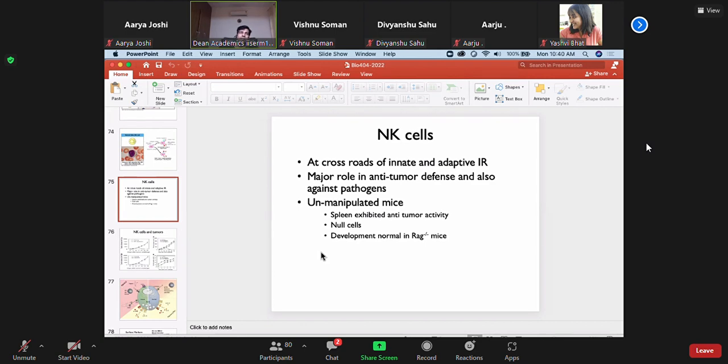In that case, your T cells will not be able to function efficiently, but your NK cells are still able to carry out their effective function. Now, it's not like this microbe will keep on producing these products and keep on doing its activity.